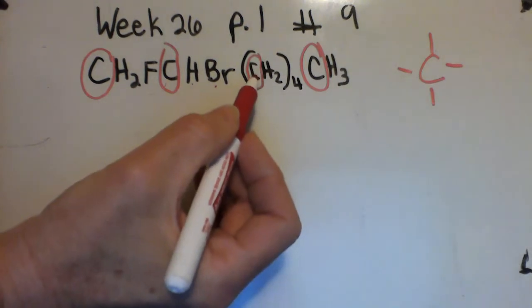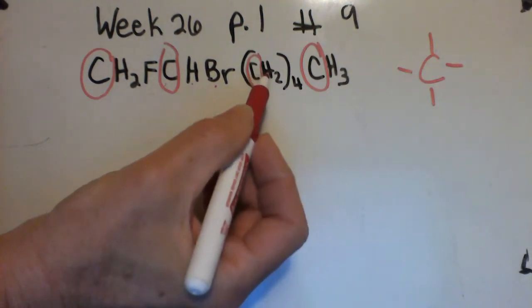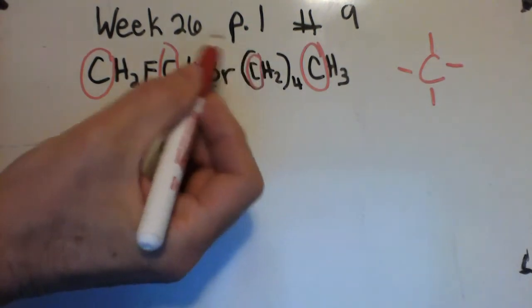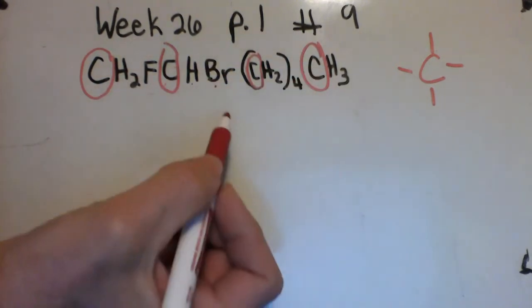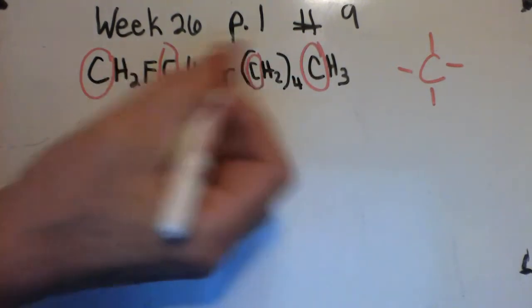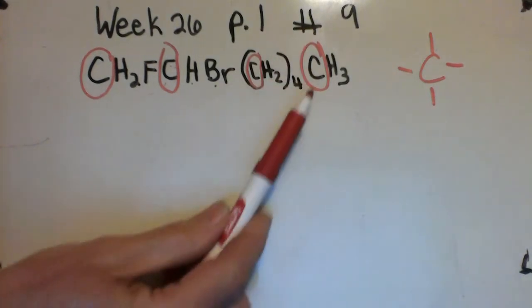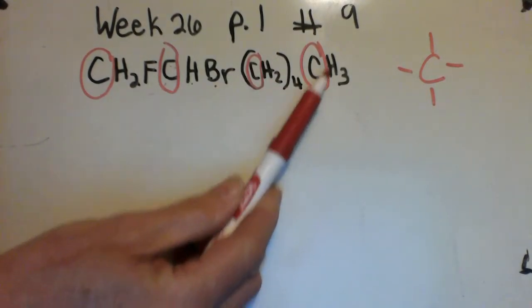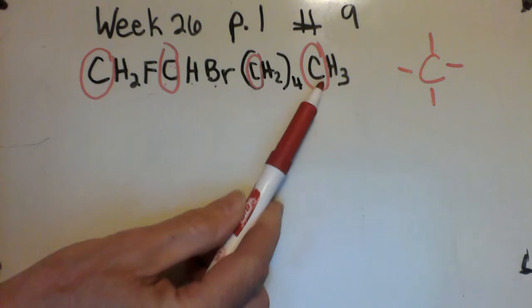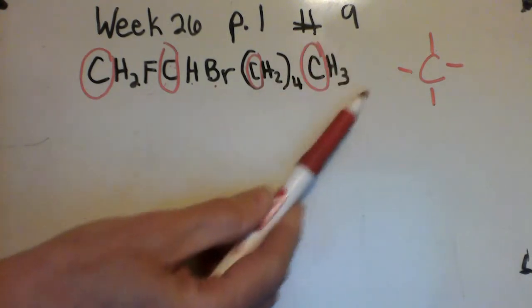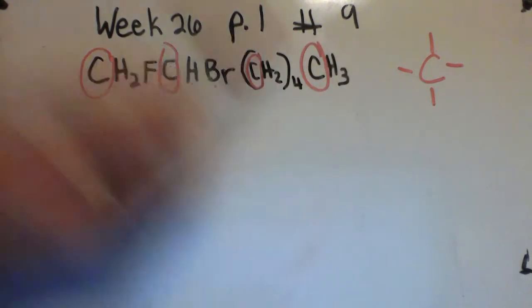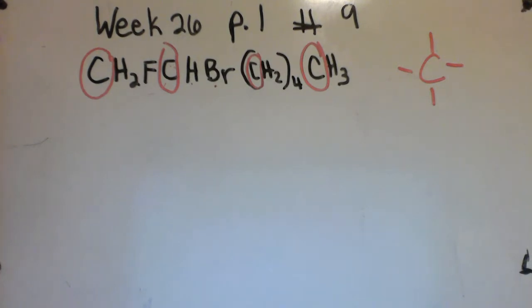Each of these carbons in here are going to bond to 2 hydrogens plus 1 carbon on either side. So that makes 4 bonds. 1, 2, 3, 4. And now the last carbon in the chain will bond to the carbon before it, and then 3 hydrogens around the outside, and that gives it its 4 bonds.